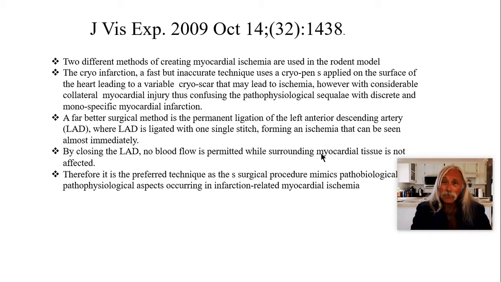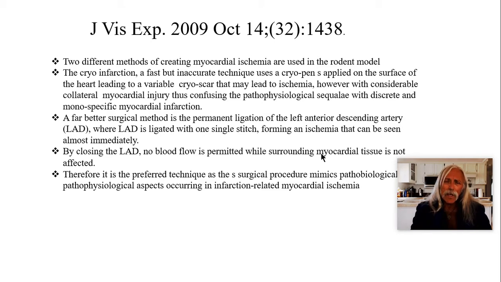So there's a far better surgical method. And this surgical method is actually a permanent ligation of the left anterior descending artery, or LAD, where the LAD is ligated with one single stitch. This is the rodent model, of course, forming an ischemia that can be seen almost immediately by monitoring, right?